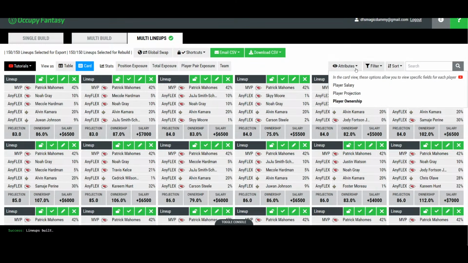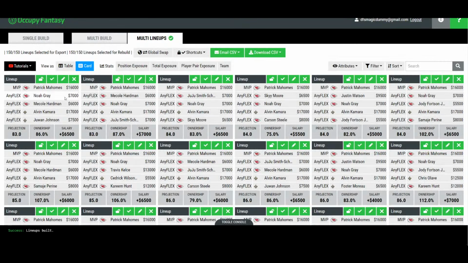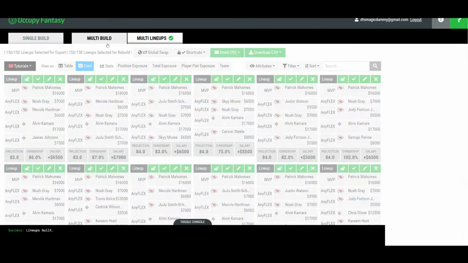When you consider, why is this lineup weird? Okay, let's look at salary view. Noah Gray is $7K. Mecole Hardman $6K. Juwan Johnson $7,500. How do we know this lineup is weird or bad? Because with this lineup, that means Juwan Johnson and Mecole Hardman and Noah Gray all have to outscore every single guy that is plus 6,500 on their salary. So let's go back to here.